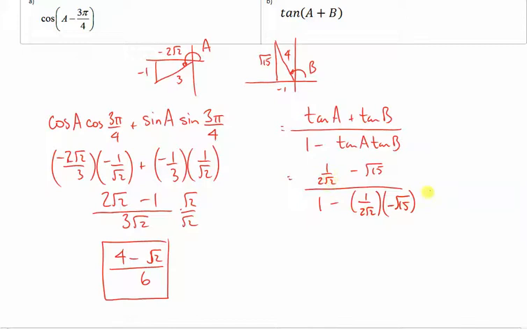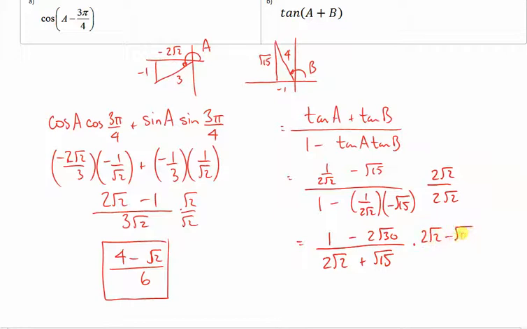Now, the common denominator is the 2 root 2, so I'm going to rationalize by multiplying by that, and I'm going to get 1 minus 2 root 30 over 2 root 2. This is subtracting negative, so plus root 15. So I do still have an irrational denominator. To simplify that, I would multiply by 2 root 2 minus root 15, the conjugate.